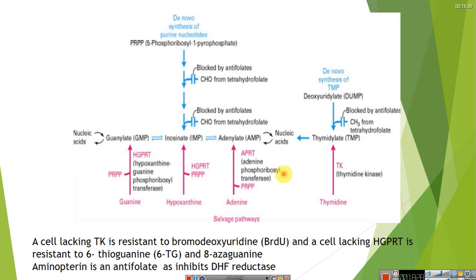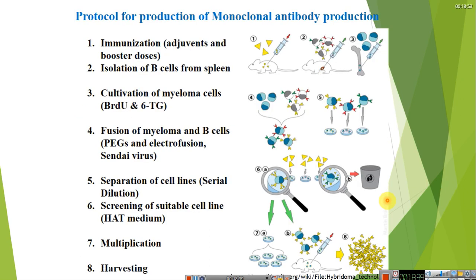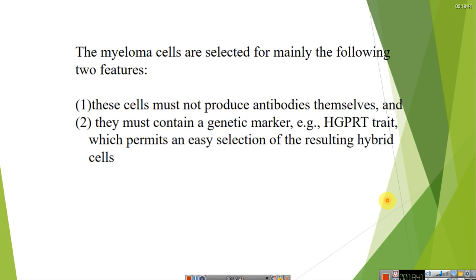Now the two types of cells taken to produce hybrid cells, hybridoma cells, are myeloma cells and B cells, right? Antibody producing plasma cells. So why are myeloma cells selected?